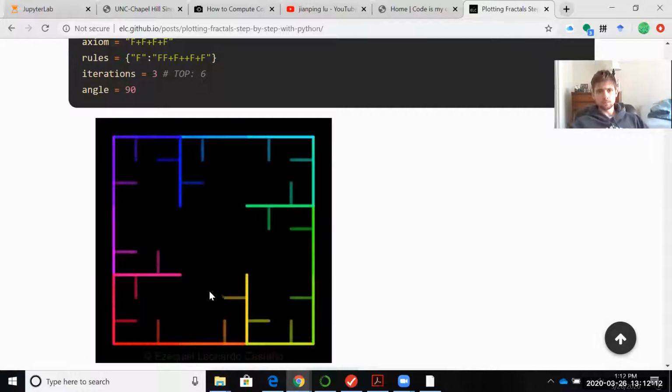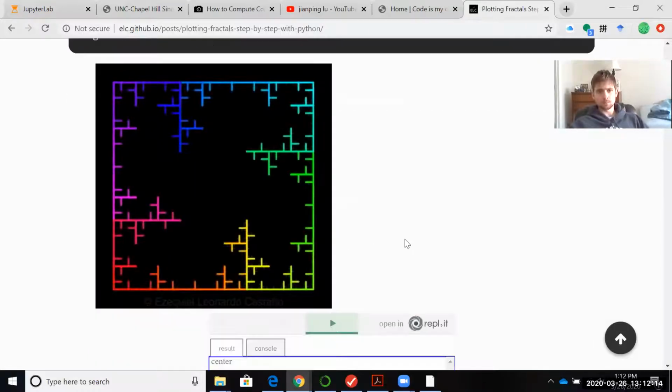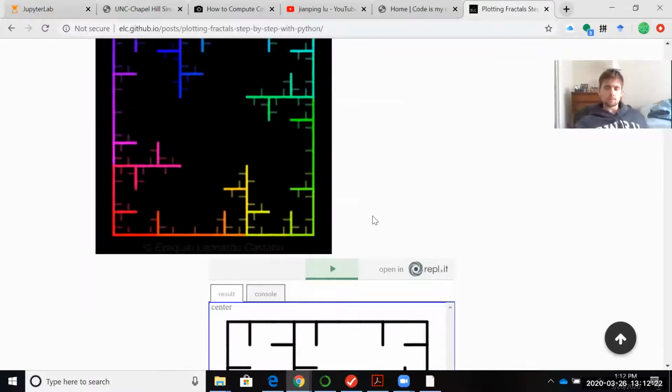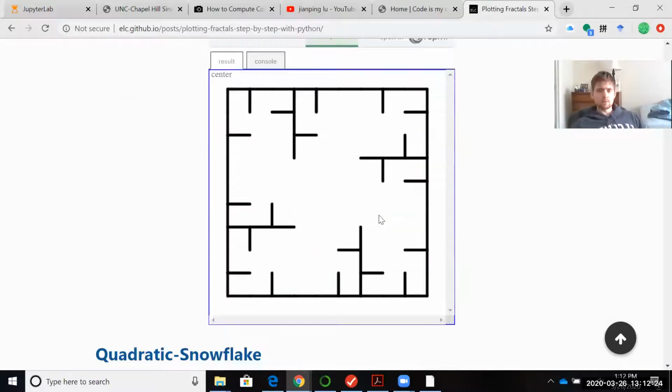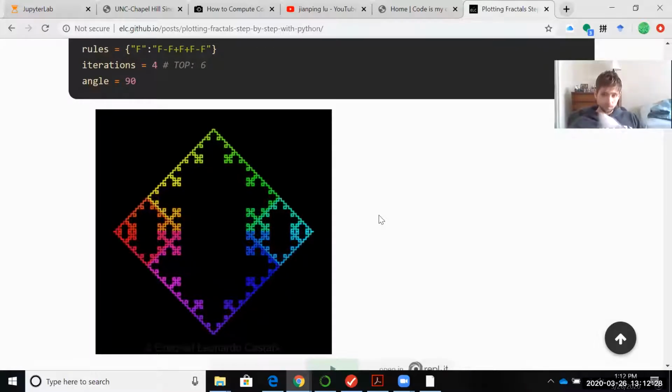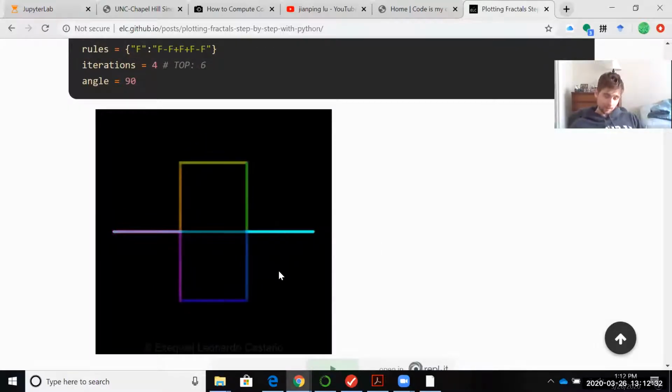So this suggests we need another way to define a dimension. When the object does not have exact self-similarity, we need a different way to define dimension. Same thing with this object, for example.